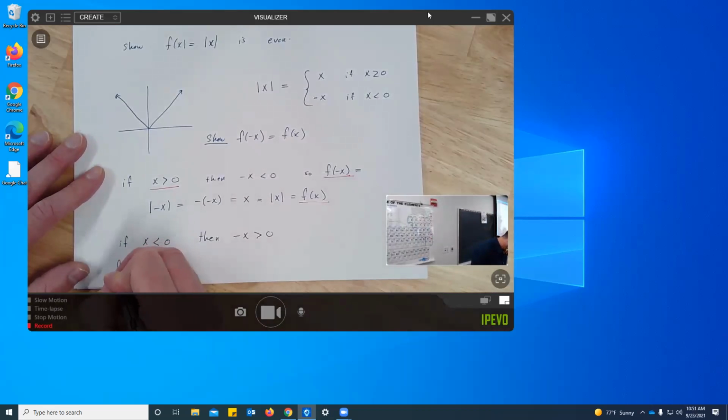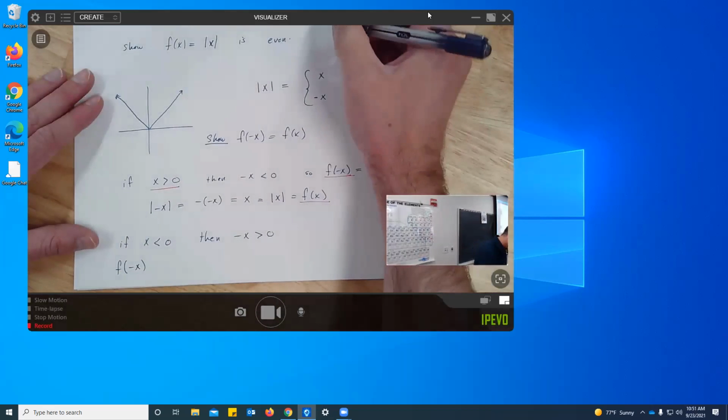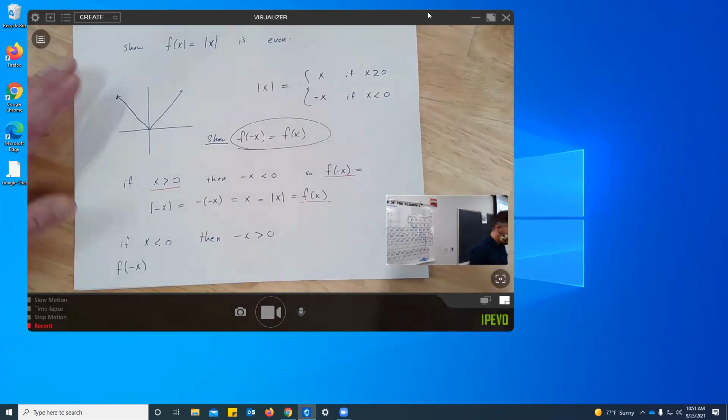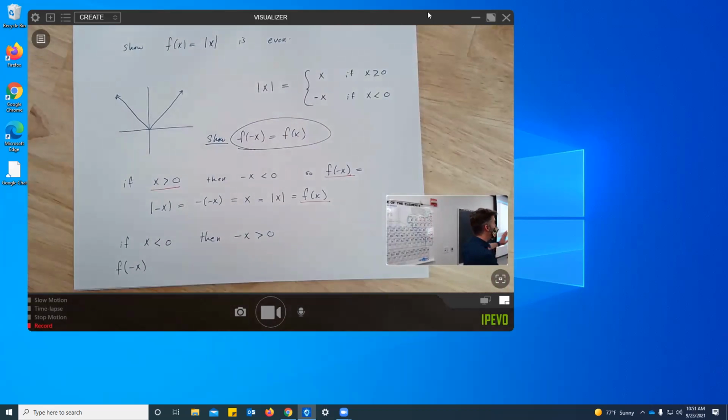Because ultimately we're trying to show this, right? That's what we're trying to get to. That no matter what, and here's why we have to do all the cases, we have to show that whatever you pick for x, f of negative x is equal to f of x, right? That is the definition, literally, of being an even function.